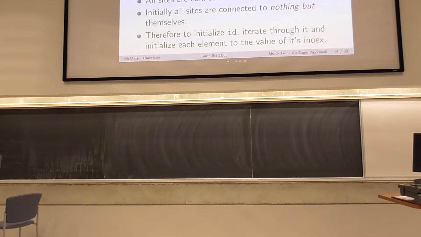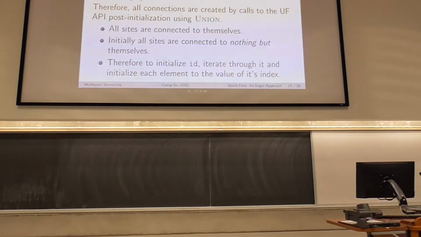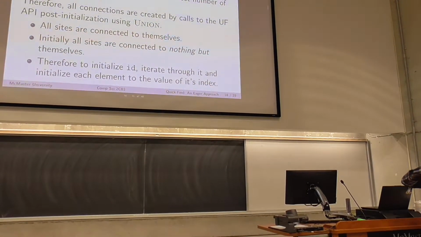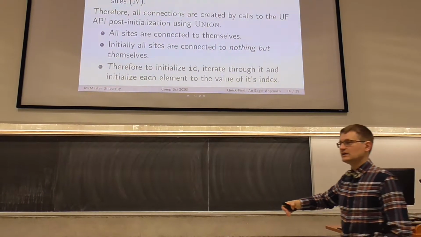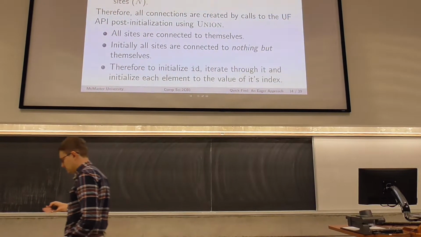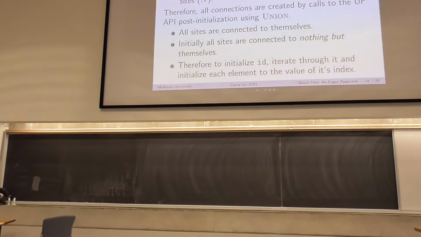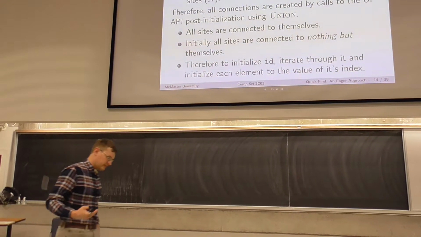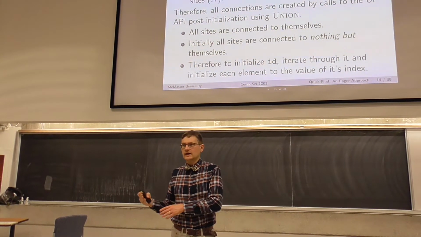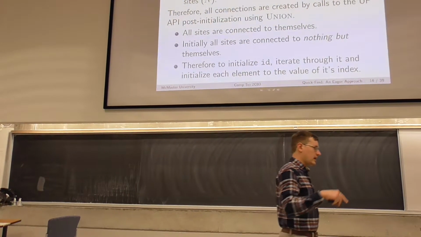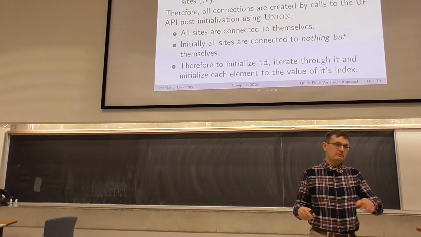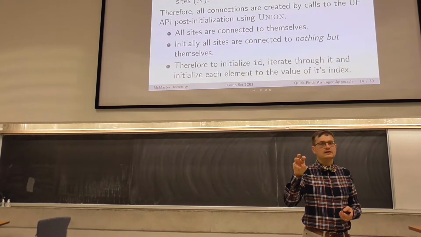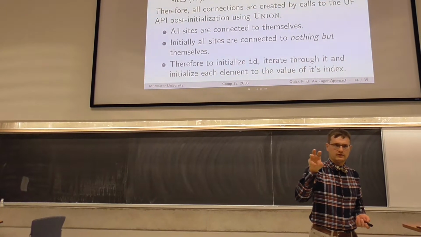In the initial state of this algorithm, each element of this ID array will be initialized with the site ID that's pointing to it. So, upon initiation, we set each value to the corresponding key, right? This makes a lot of sense because in their unconnected state, these sites are their own connected components. Remember that we've defined a single node that's not connected to anything to be its own connected component, right?